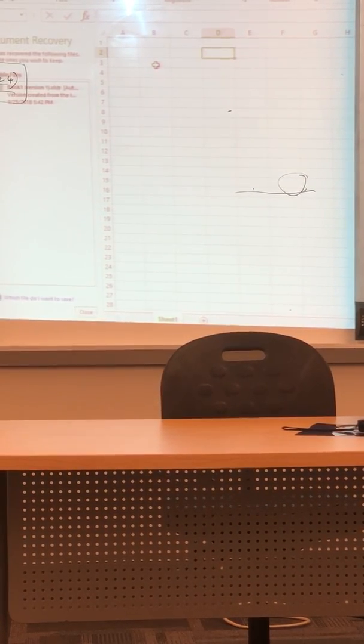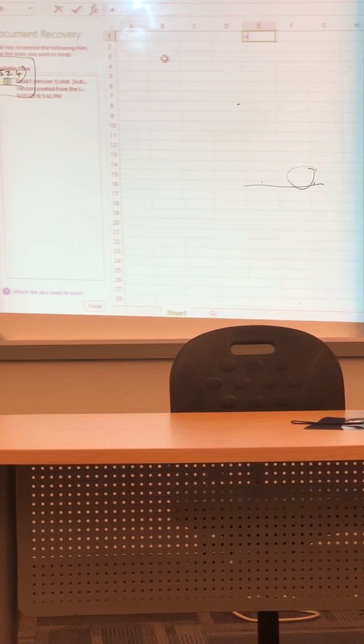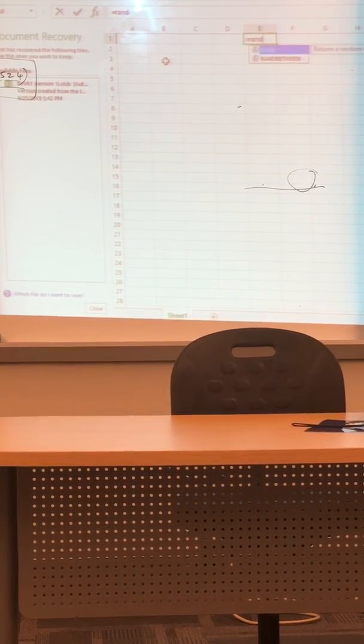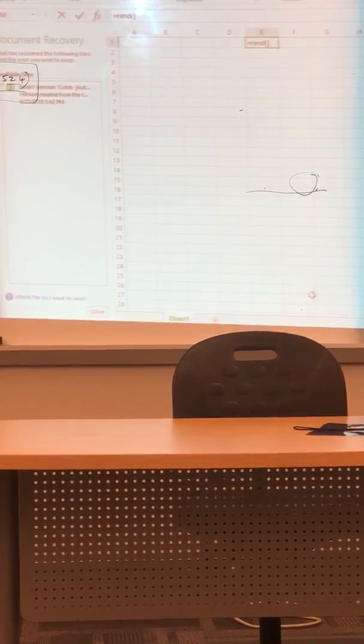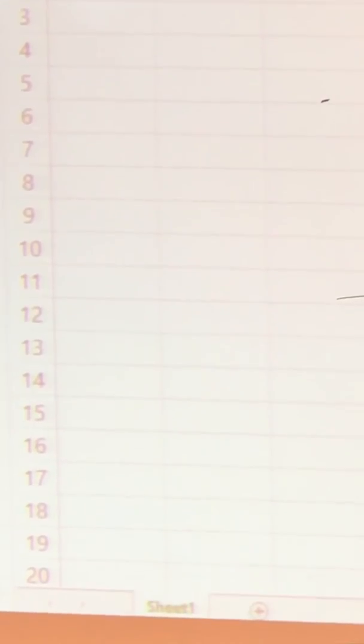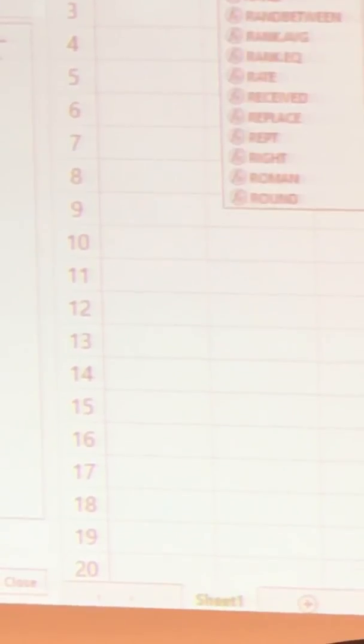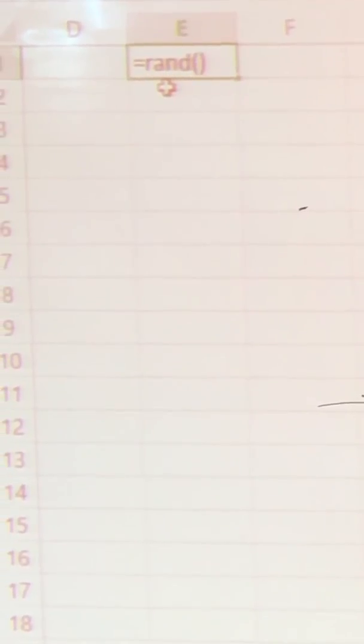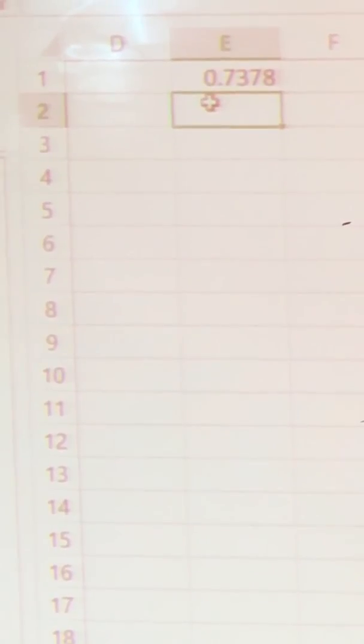Okay, there's a function called RAND, so you can say equals RAND. So you can open Excel and type equals RAND, with empty parentheses, press enter. So it will generate a random number from 0 to 1.